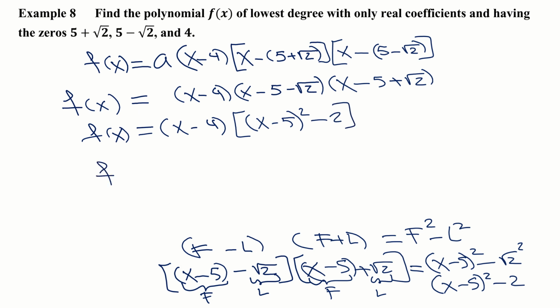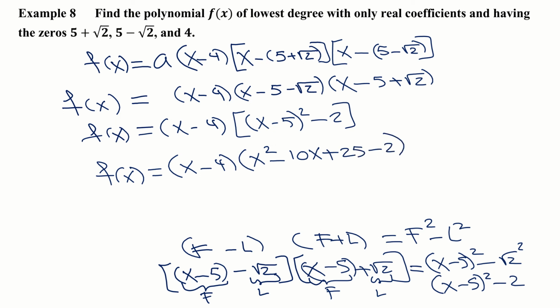So now we'll go ahead and figure out x minus 5 squared, and we just saw the formula, so it's going to be first one squared minus 2 times first times second, so minus 10x, plus the second squared, so 25, and don't forget there's a minus 2. So we end up with f of x equals quantity x minus 4 times x squared minus 10x plus 23.